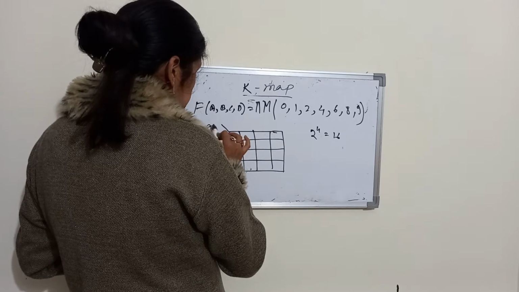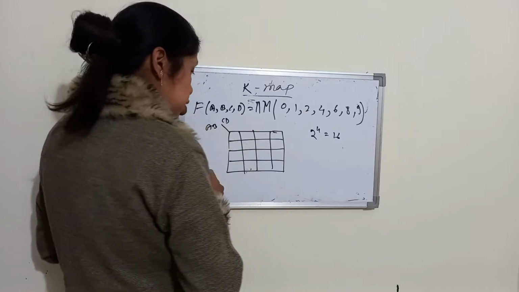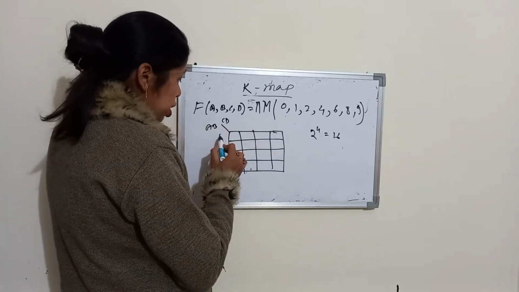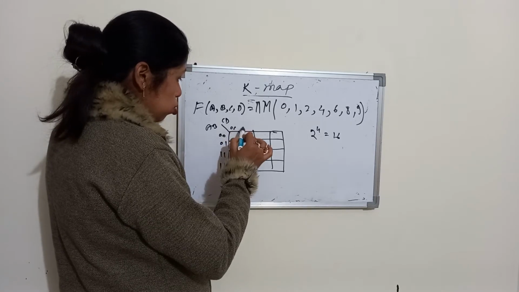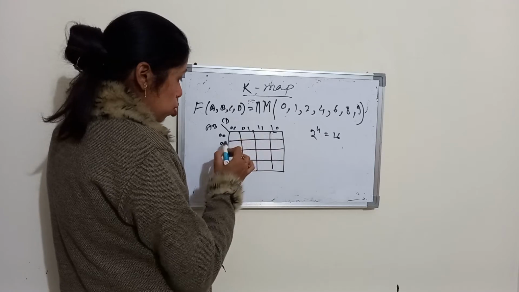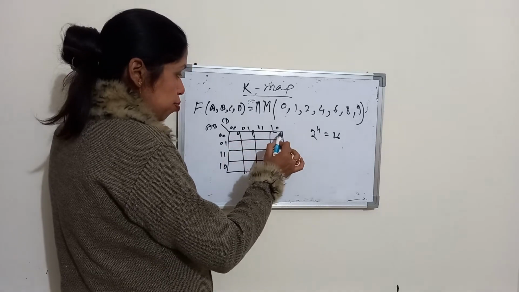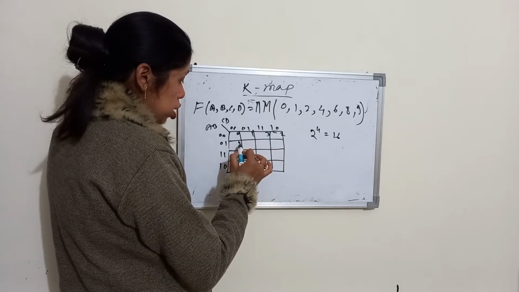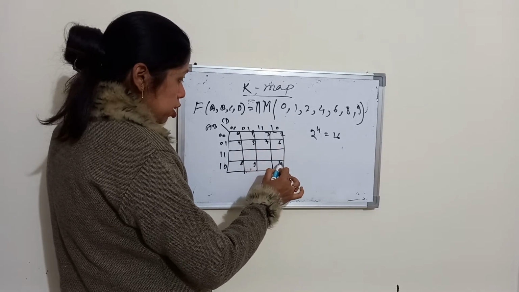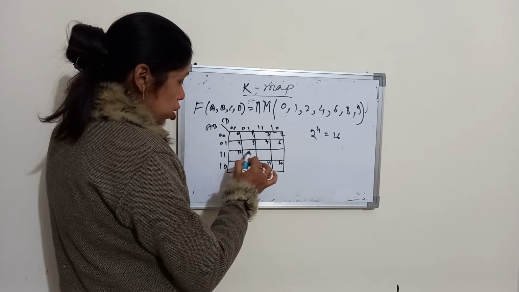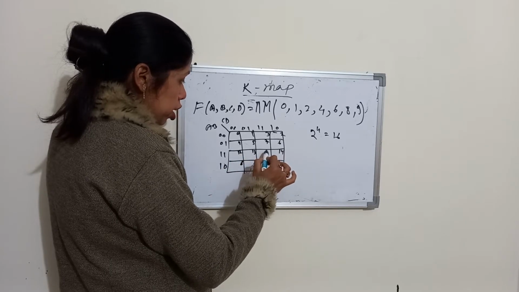Here I am putting A, B, and here C, D. Normally it is 00, 01, 11, 10, and the numbering will be the same: 0, 1, 2, 3 up to 15.